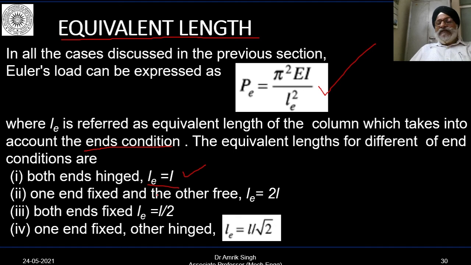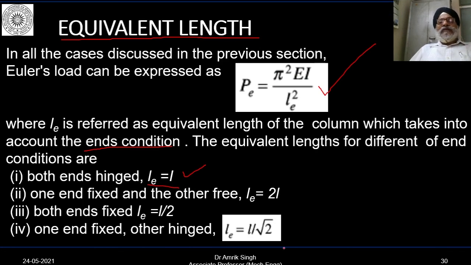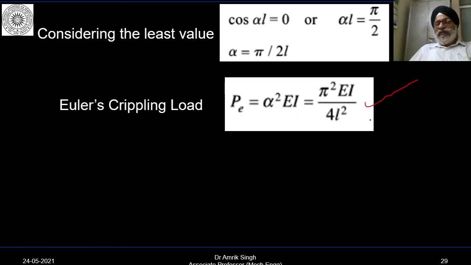So this we have seen in our equation when we have solved. When one is fixed and another is free, this is the fourth condition we have just seen. Here LE is equal to 2L. If you put it, it will be LE square, and if you put the value of LE is equal to 2L, it will be 4L square, and this Euler equation will be this one.